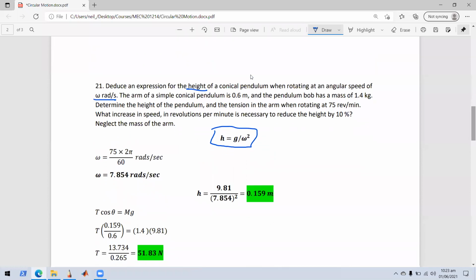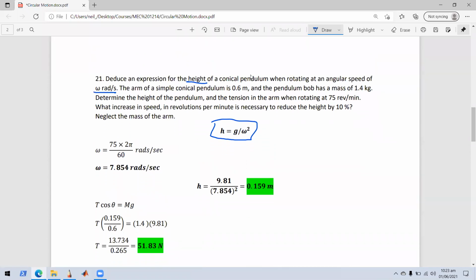Now for the actual working. The arm of a simple conical pendulum is 0.6 meters, right? Just now, the length of the string was 1 meter, so we can see how this is going to start affecting our question right away. The pendulum bob has a mass of 1.4 kilograms.